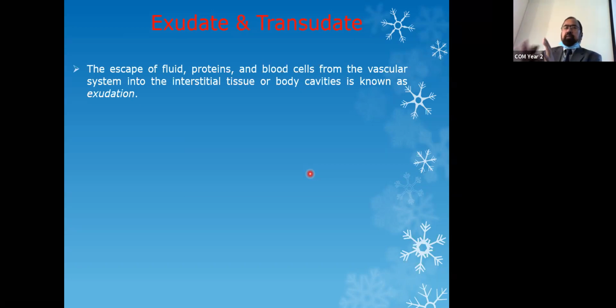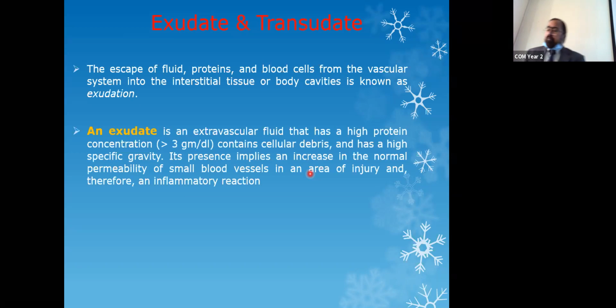The process is exudation, but we divide it into two main groups. One is exudate, an extravascular fluid that has high protein, meaning an excessive amount of protein is coming out, more than 3 grams per dL. If it is more than 3 grams, you will call it exudate.